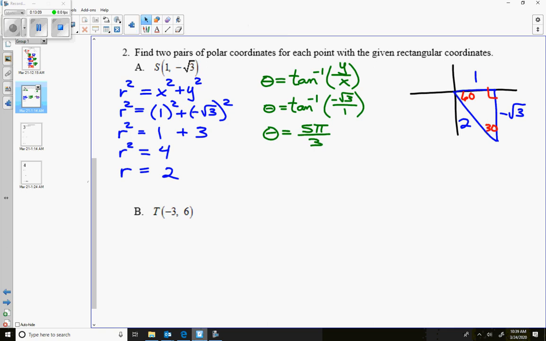Now from our last lesson, we talked about how there were actually 4 pairs of polar coordinates for each point. So why they're only asking for 2 kind of confuses me, because there's actually 4 possible answers.